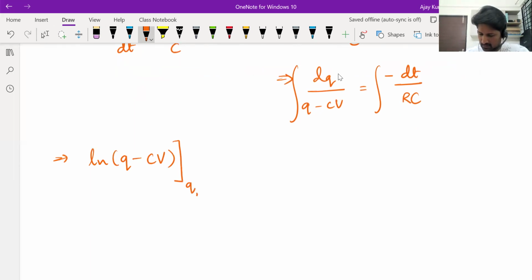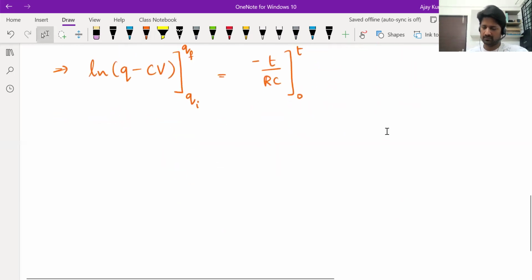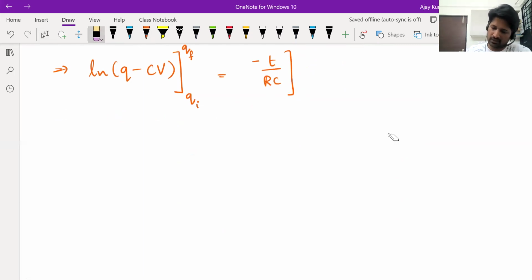Initial charge to the final charge is equal to the right hand side integral; R and C, the resistance in the circuit and the capacitance of the capacitor, are constants. You can put them out. Integral dt simply becomes T. So minus T by RC. And limits here will be from 0 to T, or T initial to T final also you can write. Not an issue. Okay, let us put it that way for now, T initial to T final.